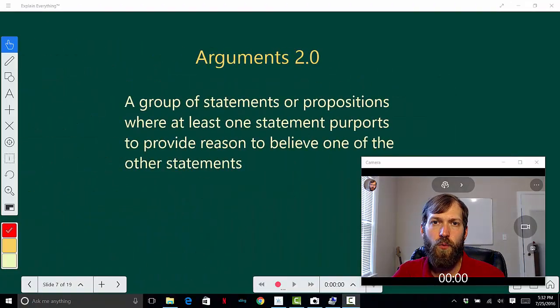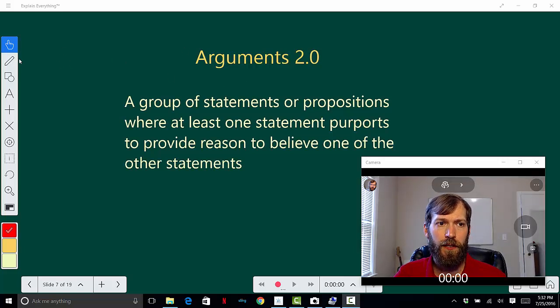So now that we know what statements are and what inferences are, we're in a better position to define arguments more accurately. An argument is a group of statements or propositions where at least one statement purports to provide reason to believe one of the other statements.